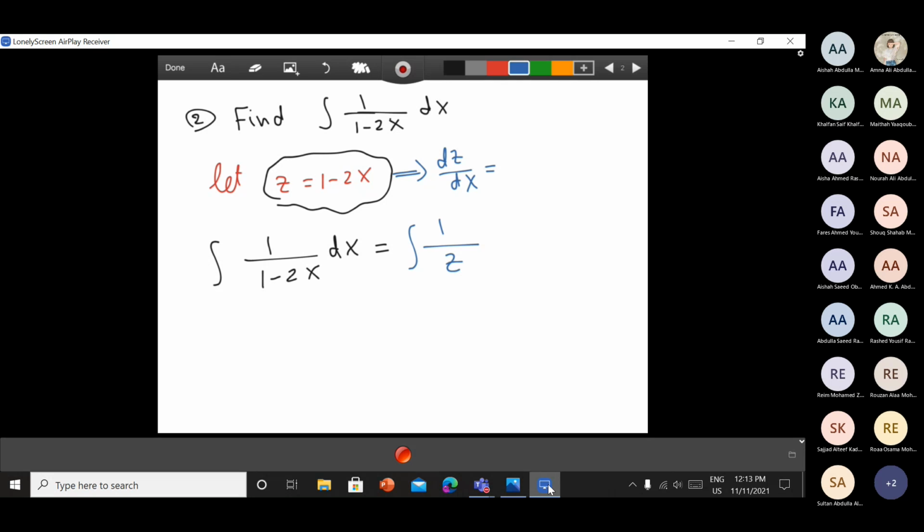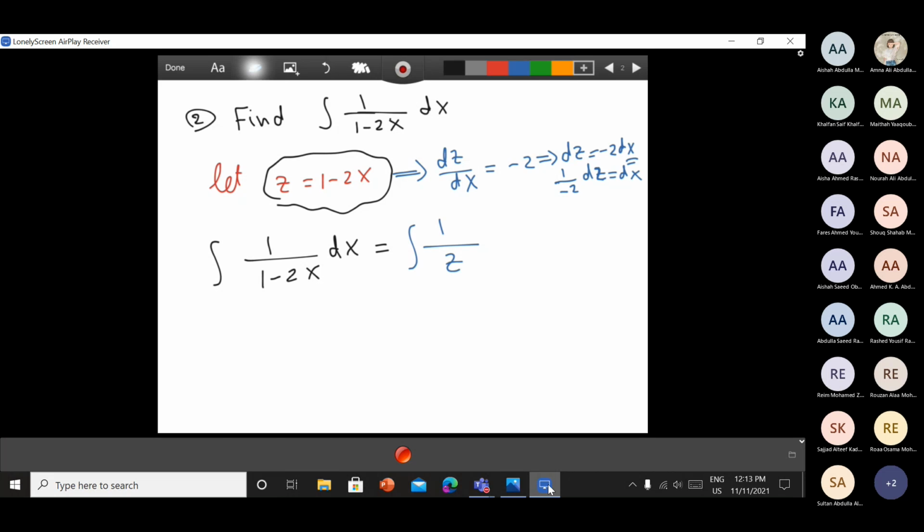The derivative of 1 is 0. The derivative of minus 2x is minus 2. So when I multiply, I have dz equal to minus 2 dx. I need only dx, so I have to divide by minus 2. So 1 over minus 2 dz will equal dx.